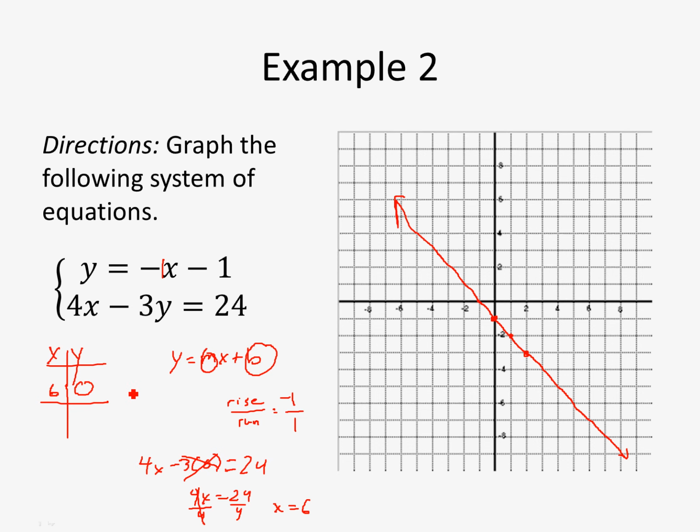Okay, so now if I want to find, say, the y-intercept, then I'm going to make x equal to 0. So I'm going to do the same thing, except this is going to be 4 times 0, so that's going to be 0. Okay, we're going to have negative 3y is equal to 24. Remember, this is going to be gone. So we'd have negative 3y is equal to 24, and if we divide by negative 3, we get y is equal to negative 8.